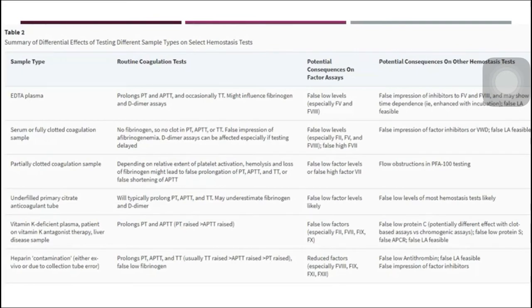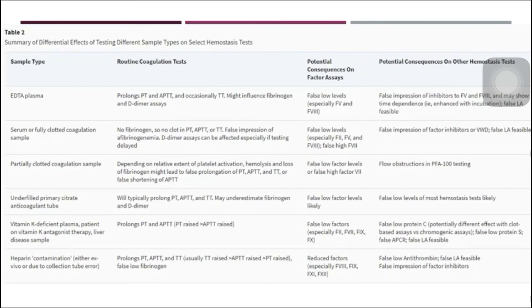EDTA plasma can falsely lower levels of factors 5 and 8. The same goes with serum or a fully clotted coagulation sample. This also falsely lowers factor 2, 5, and 8 levels, but it falsely increases factor 7 levels.